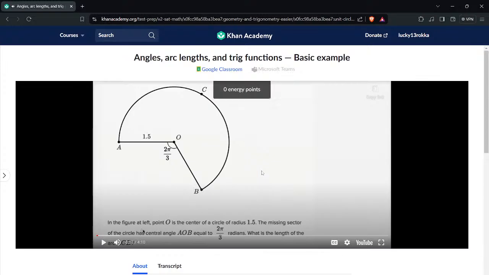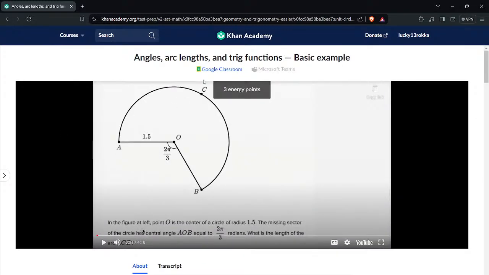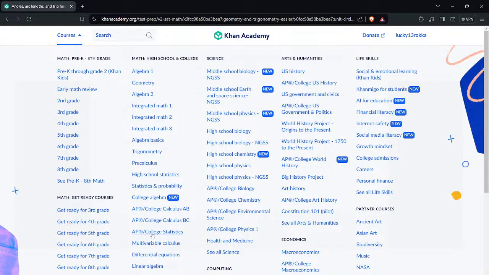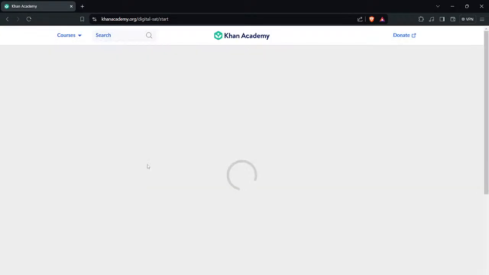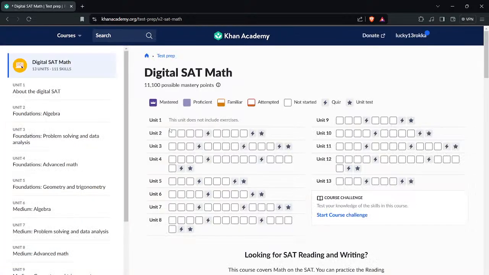In the figure. Wait, where's my thing? Okay, I'm confused now. Where did my left side stuff go? Wait, how do I bring it back? I need this.